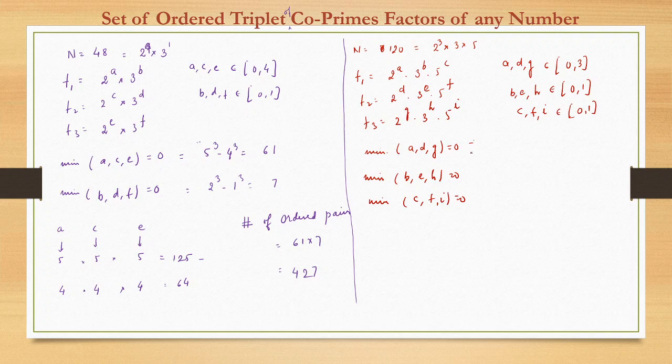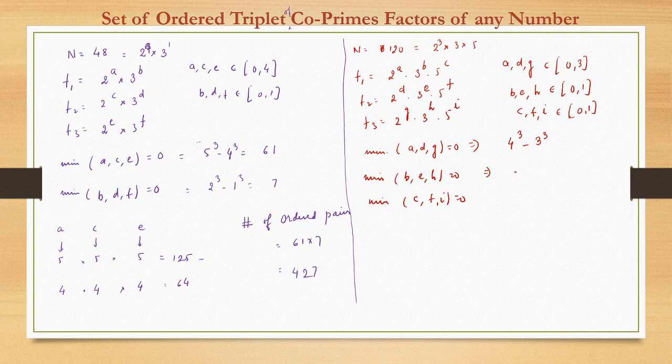How many ways can it be? For a, d, g, each can take 0, 1, 2, 3 values. So 4 cube, because a, d, g all will take 4, 4, 4 values, minus the cases where none of them takes a value 0. So taking values of 1, 2, 3, that is 3 cube, right?